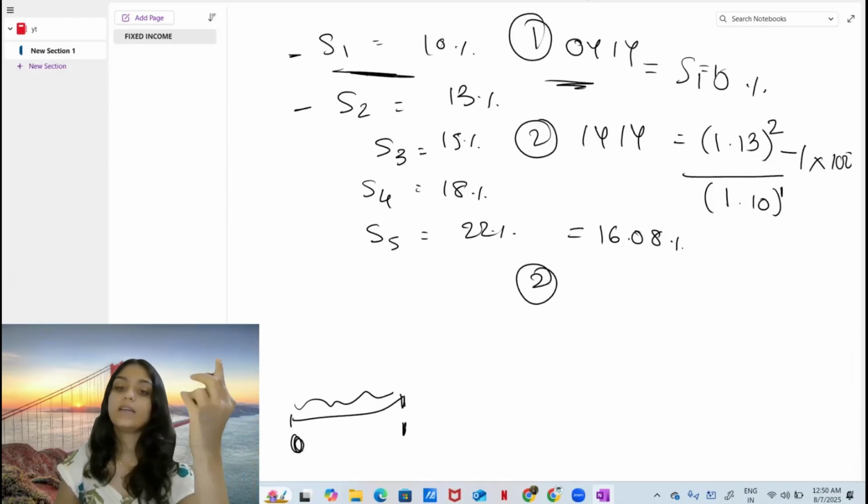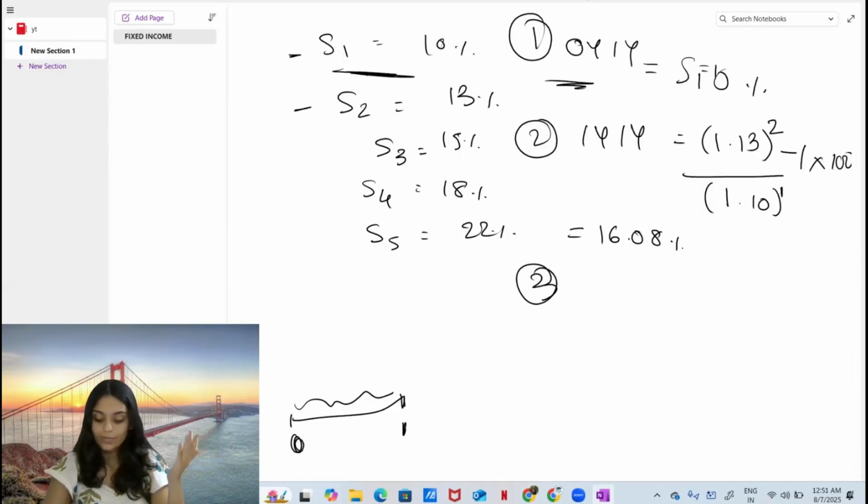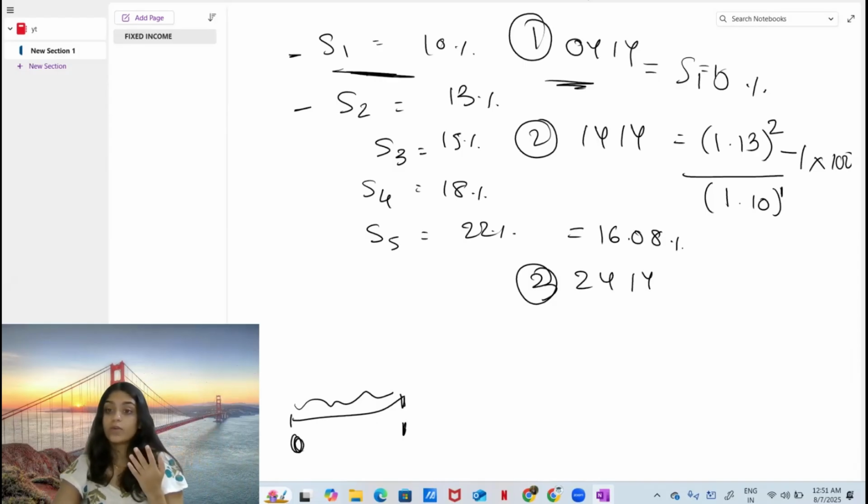Next, third, for example. Let's take one more similar example first. 2y, 1y. So how do you do it? 2 plus 1, 3.